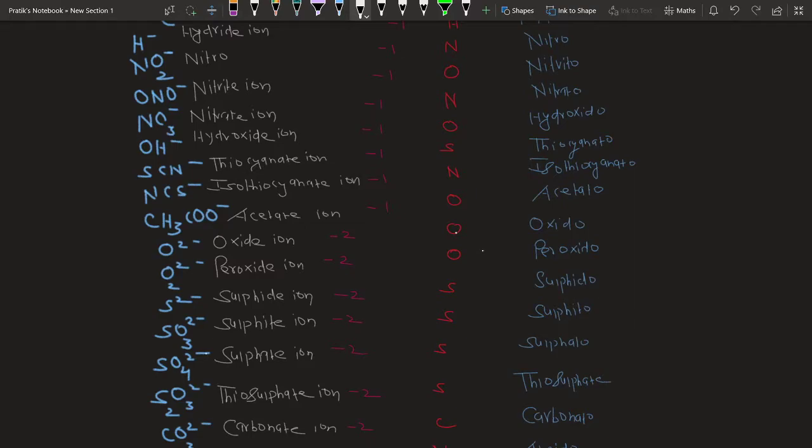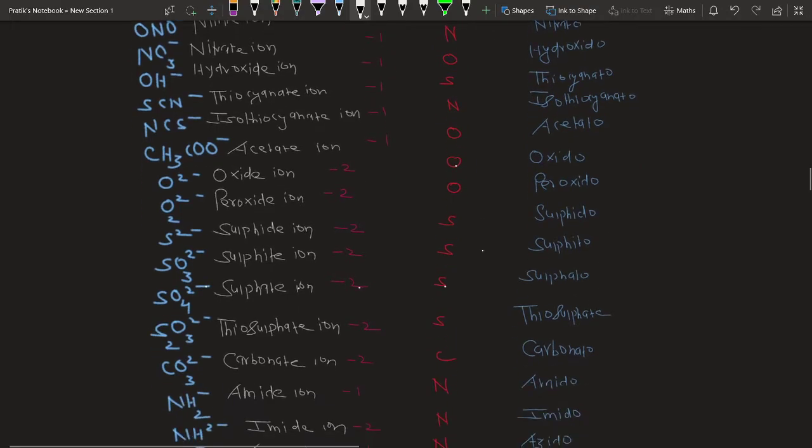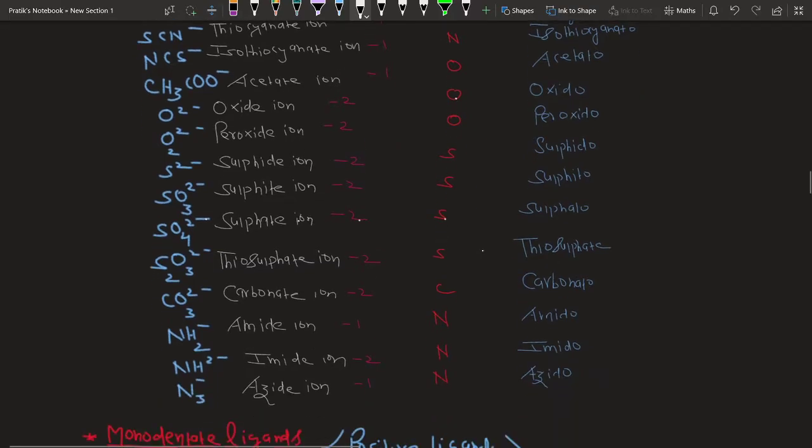SO4 2 minus is sulfate ion, charge -2, donor atom is sulfur. S2O3 2 minus is thiosulfate ion, charge -2, donor atom sulfur. CO3 2 minus is carbonate ion, charge -2, donor atom is carbon. In case of amide, imide, azide, check the charges -1, -2, -1, and the donor atoms are the same. Mostly the common donor atom is nitrogen.